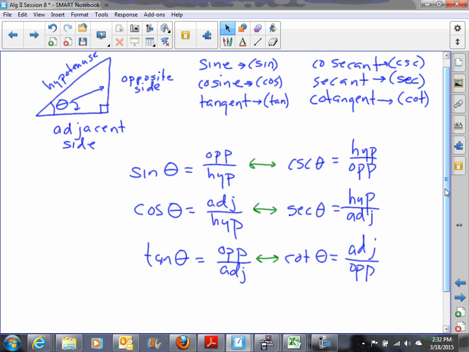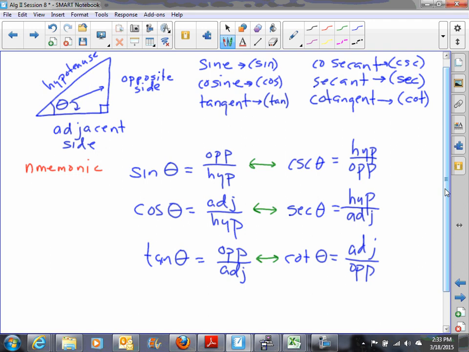Now, at this particular point, I would be remiss if I didn't tell you of the memory device, the mnemonic. I think this is the way it's spelled.